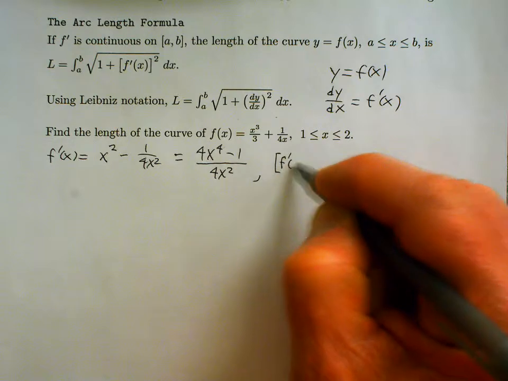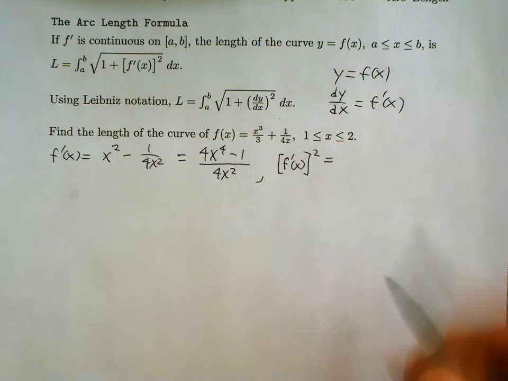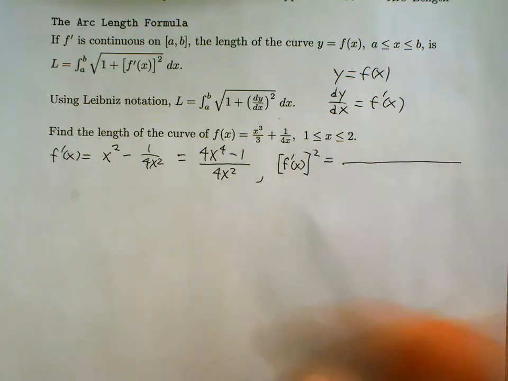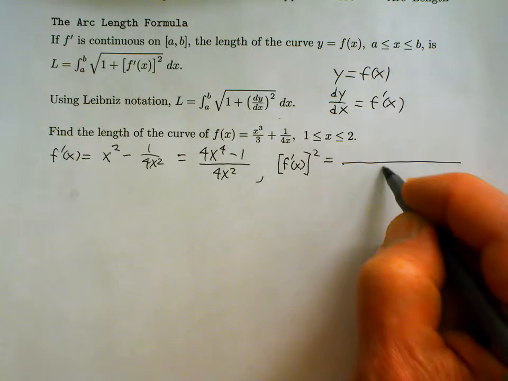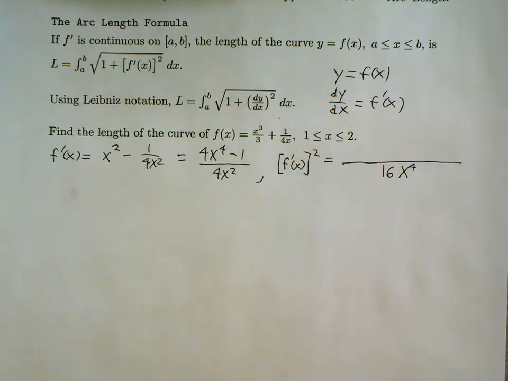So we're going to square the derivative. I'll do half of it. When we square the denominator, we get 16x to the fourth in the denominator. And you do the other half in the numerator.